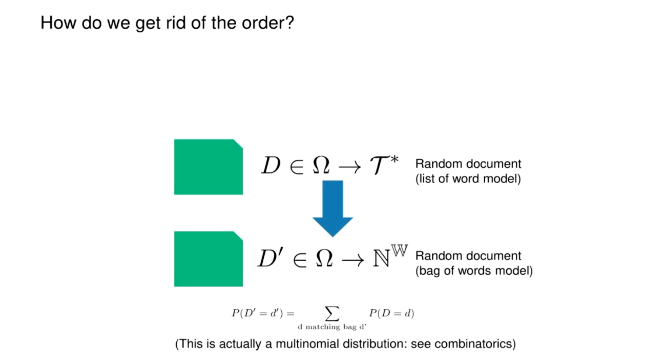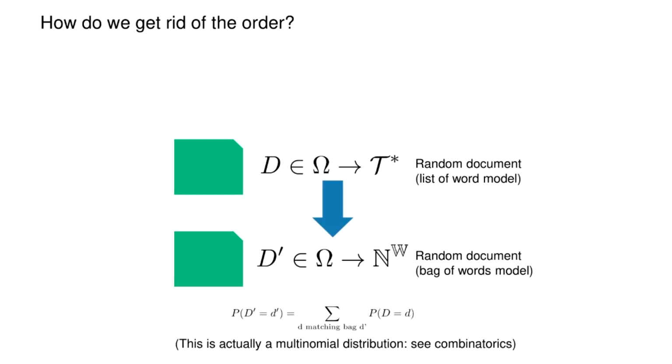How do we relate it to the list of words model? We look at all the documents, all the possible orders for these three terms. So we have information retrieval lecture, information lecture retrieval, lecture information retrieval, lecture retrieval information, retrieval lecture information, and retrieval information lecture, right? These are 6 possibilities, right?